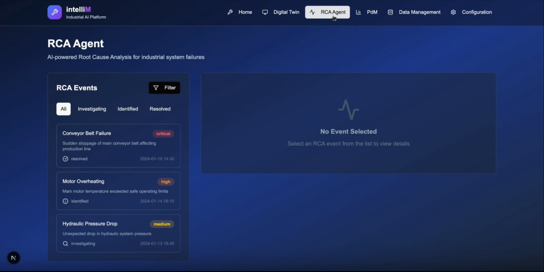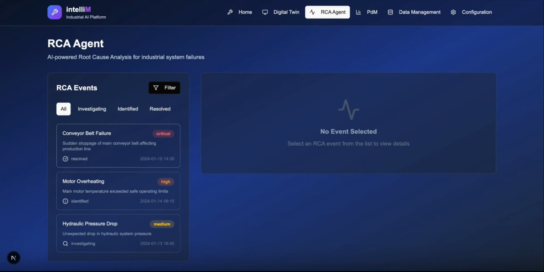Then we quickly jump into the root cause analysis tool. Here we enable root cause analysis of different kinds of failures that happen across your shop floor, whether it could be a conveyor belt failure or a motor overheating situation.